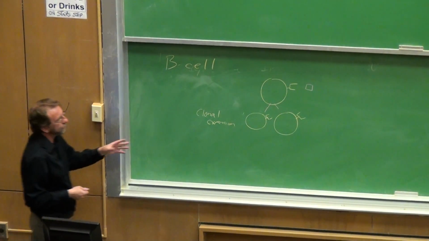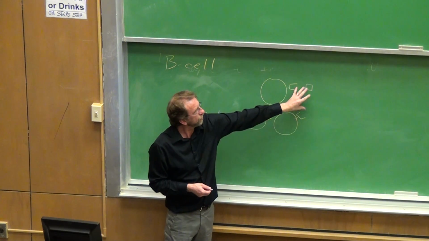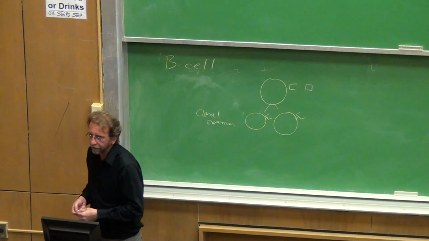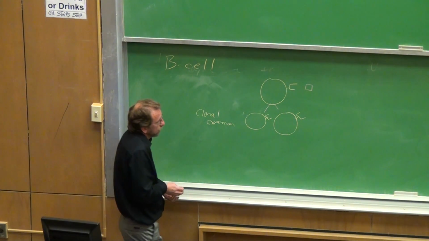So the B cell has internalized this antigen, finds it, internalizes it, and has to present it to the T cell in its MHC molecules. And we'll talk more about those later.